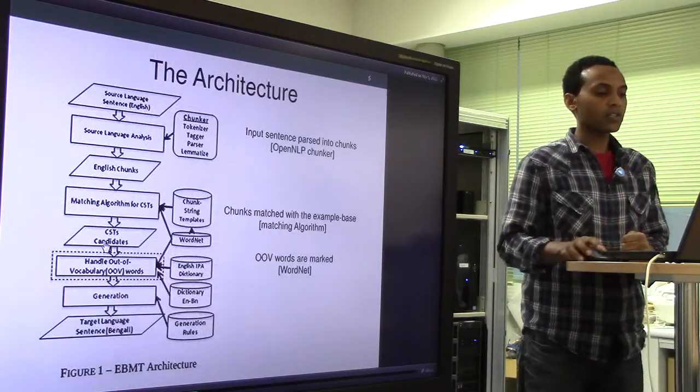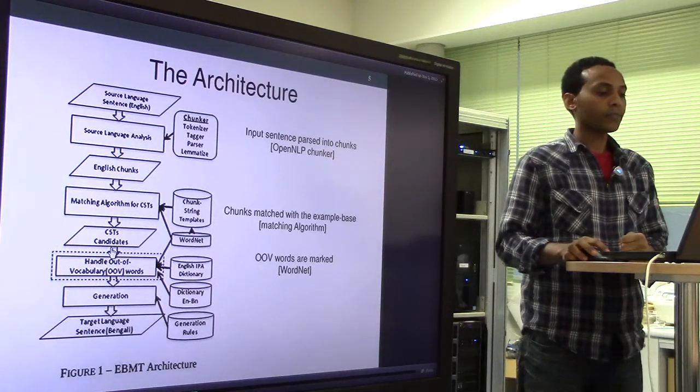So in this second step, there is a template of these chunks, and the English chunks are matched with these templates. Once chunks are matched, they are reserved as candidates.